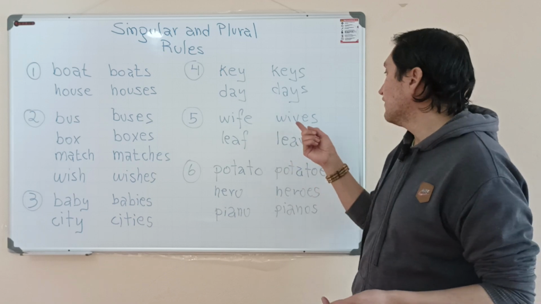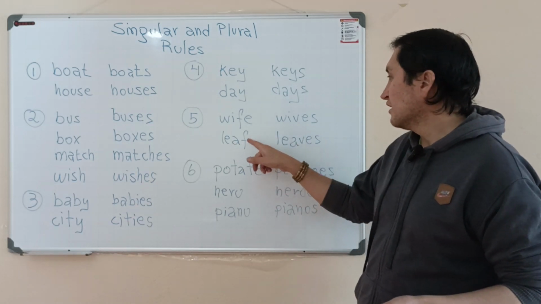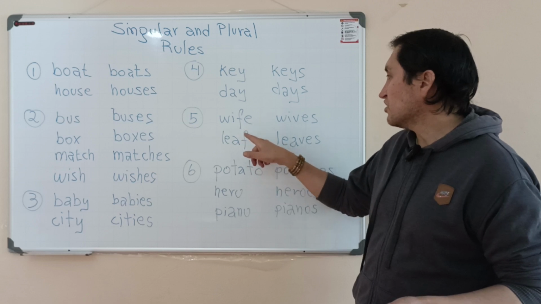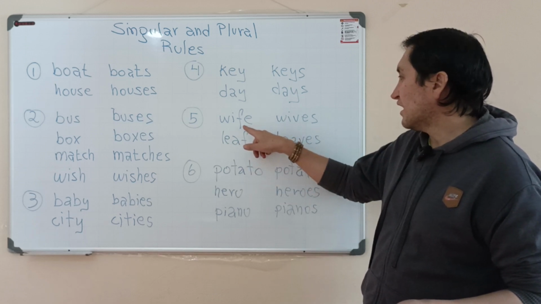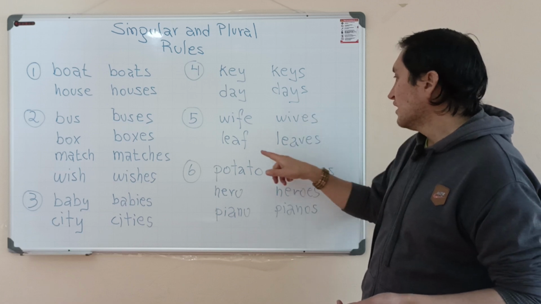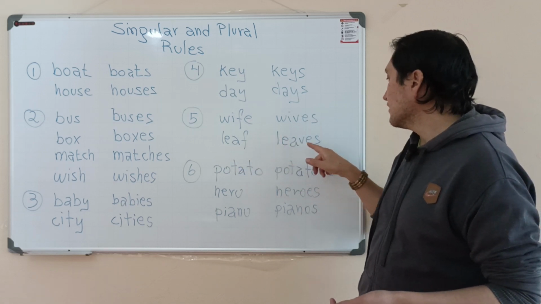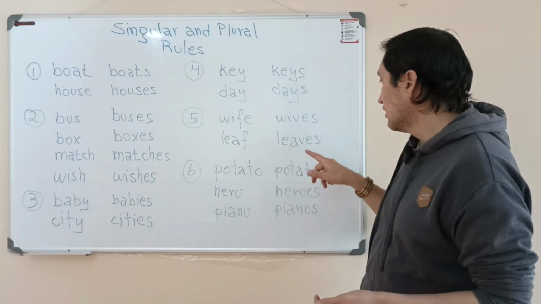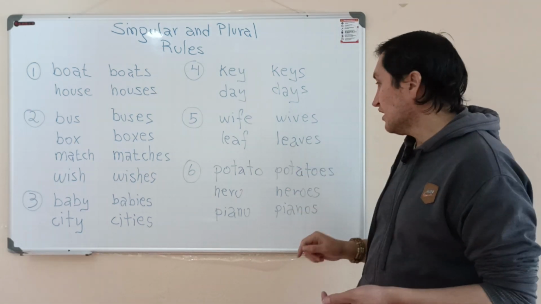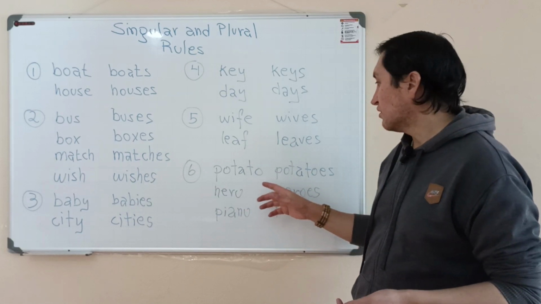So, wife, wives. Knife, knives. Okay? Notice that we are changing the letter F into V. In this case, we add an S. In this case, we have to add ES because it's not possible to pronounce without the E.